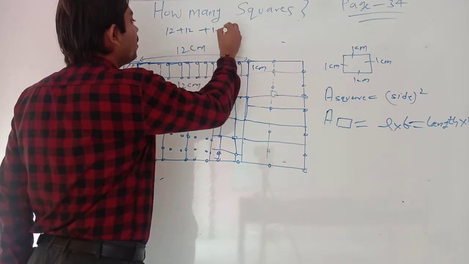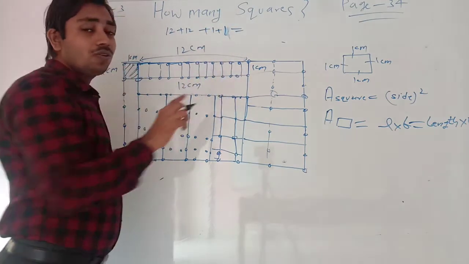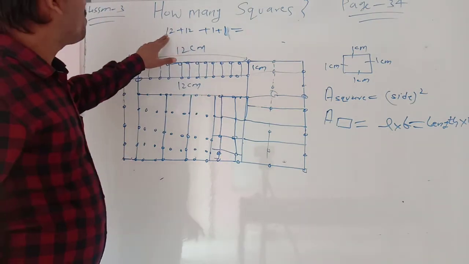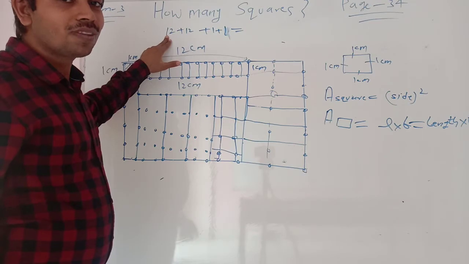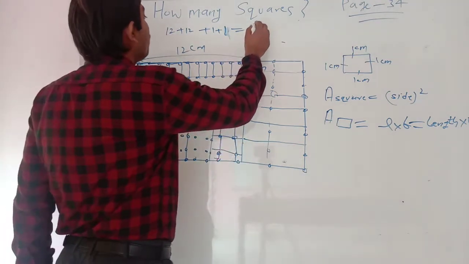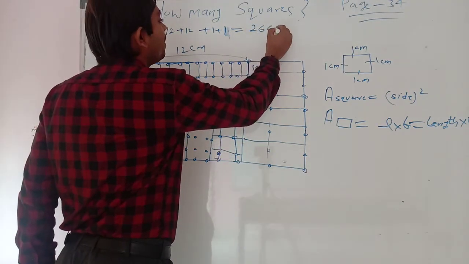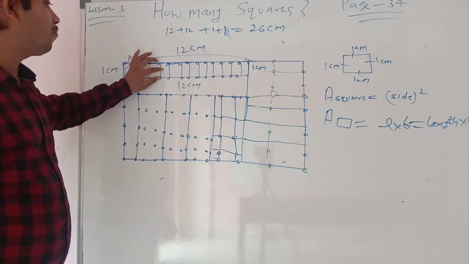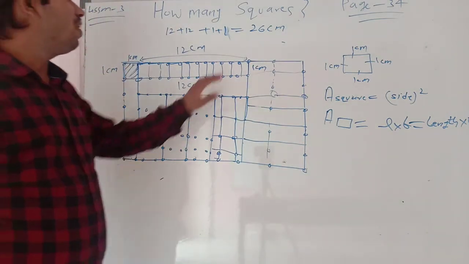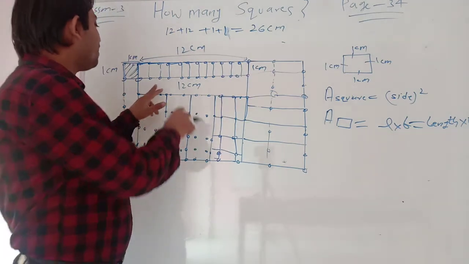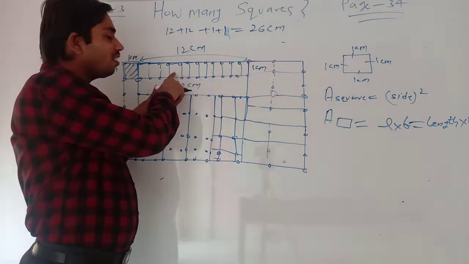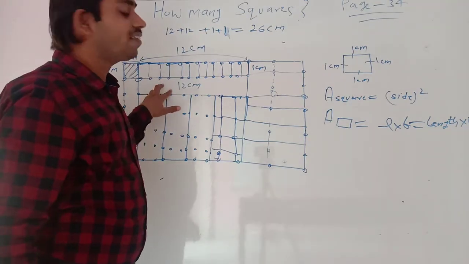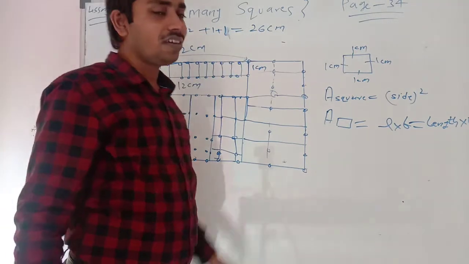Then what is coming? 1 plus 1, 2, 2 plus 12, 14, 14 plus 12, 26. So what we got, my dear student? 26 centimeter. So the perimeter for this first rectangle is 26 centimeter, and this rectangle is also congruent to it. It is an exact copy of this rectangle. Therefore, for this rectangle also the perimeter is 26 centimeter.